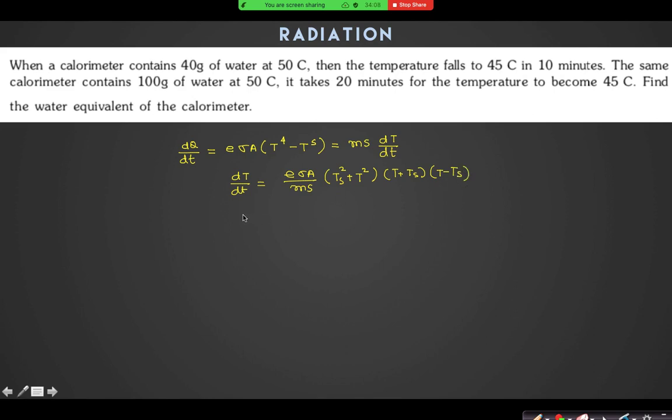So actually this dT by dt, if you write that, it is E sigma A into 2 Ts square into 2 Ts, means 4 Ts cube, divided by ms into T minus Ts.